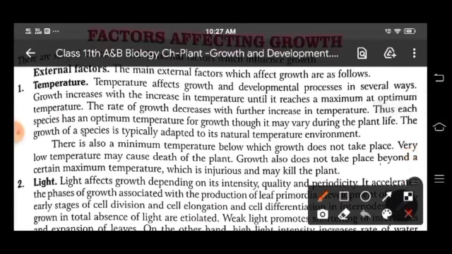Temperature affects growth and development processes in many ways. Growth increases with the increase in temperature until it reaches a maximum at optimum temperature. The rate of growth decreases if there is further increase in temperature. So each species has an optimum temperature for growth, though it may vary during the plant life.